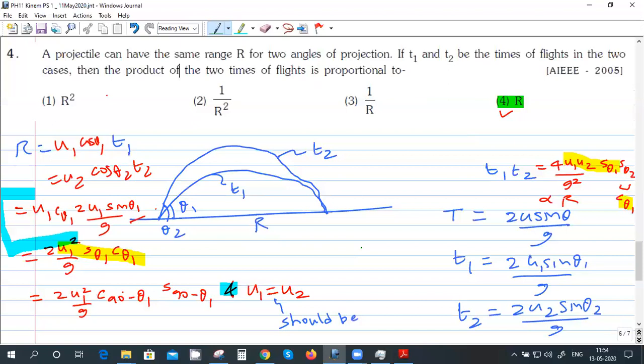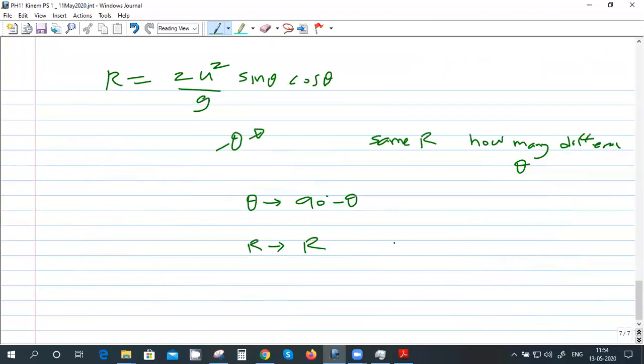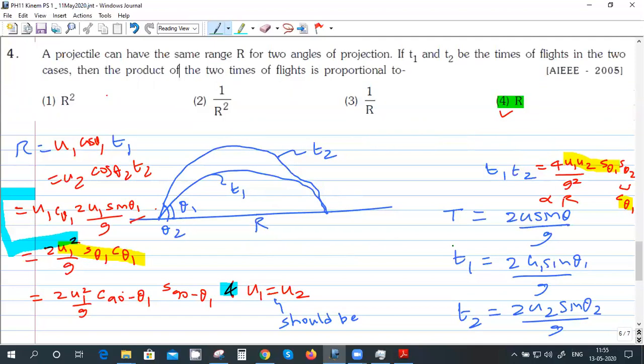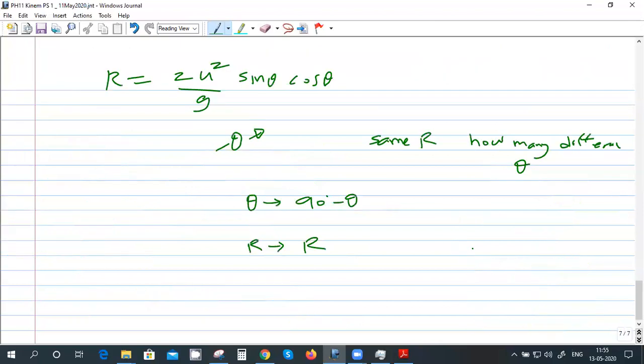So the time of flight t1 is 2u1 sin theta 1 by g, that is 2u sin theta by g, right? Take the two angles for which the range is the same: theta 1, and theta 2, which is 90 minus theta 1.